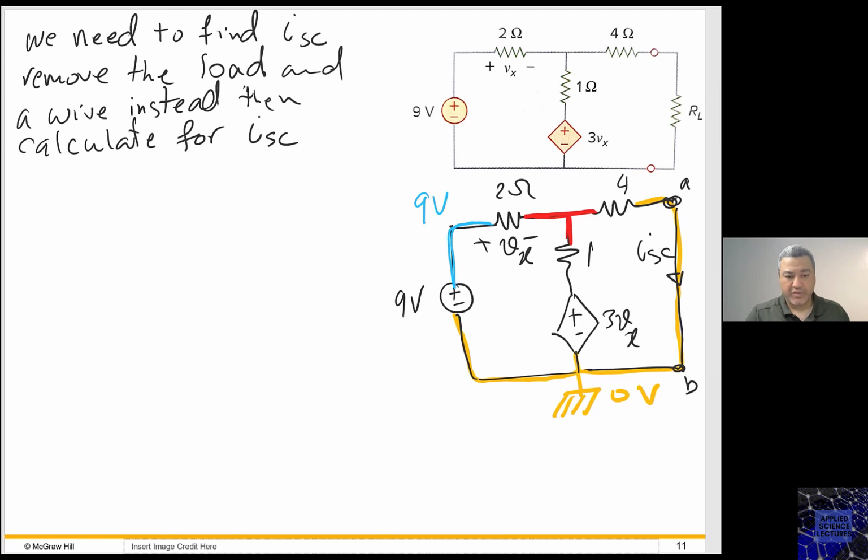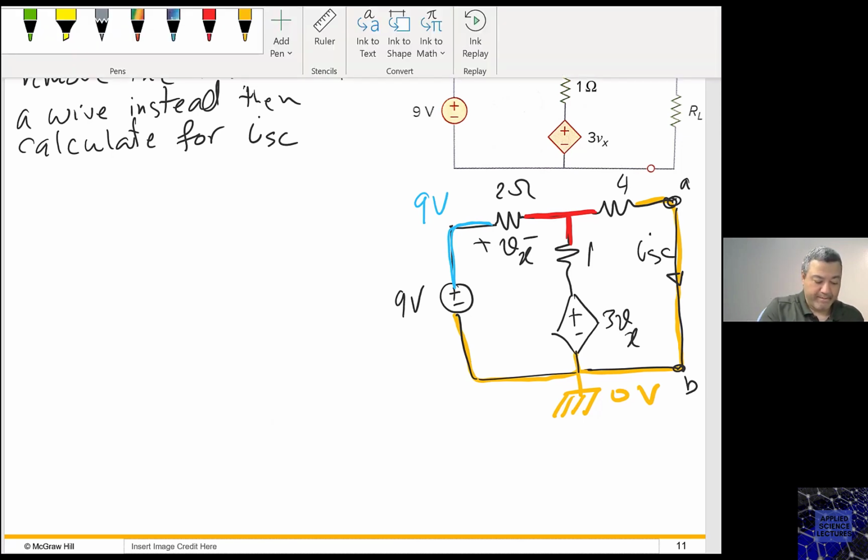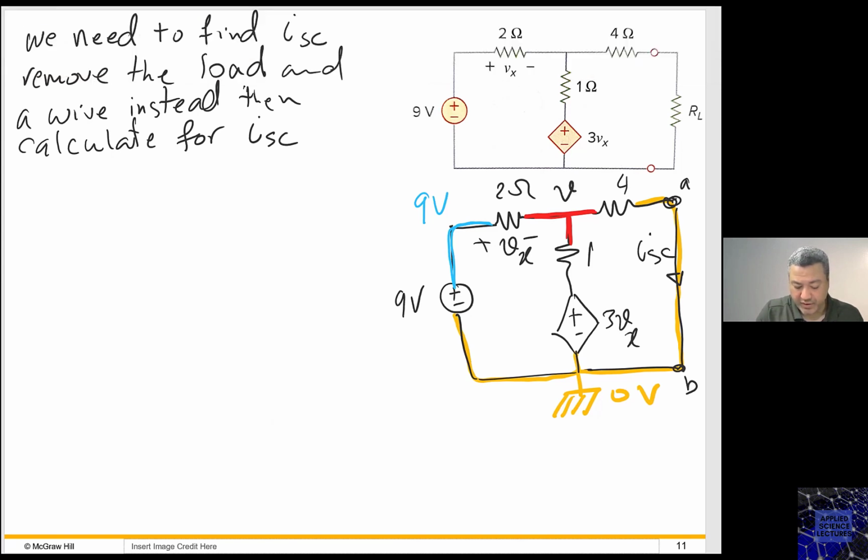So now this becomes a known voltage. I need now to find V. I'm not going to call it V1. Now this is a different circuit, right? So let me give it a different name so we don't get confused. I'll call this one now V2, or you can call it V1 prime, whatever you want.